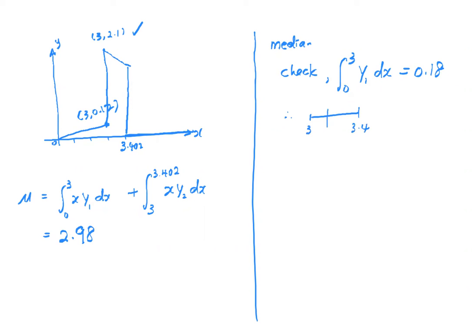The median will be here. Am I right? So I will write down the integral from the median to 3.408 of y2 dx is equal to 0.5. Use the solver and solve it. Hurry up.